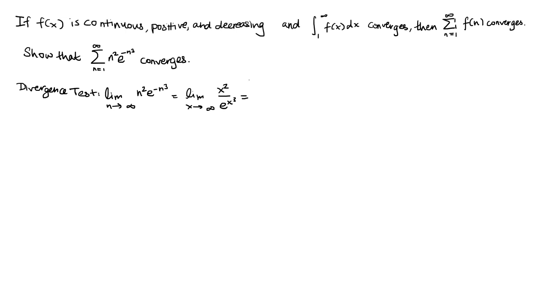And we know that since we have a polynomial over an exponential, this limit is definitely going to be equal to 0, which means that we don't get any information out of the divergence test. Right, so we see that this is the limit as x goes to infinity of 2 over 3x e to the x cubed, or 0. So there's no new information.